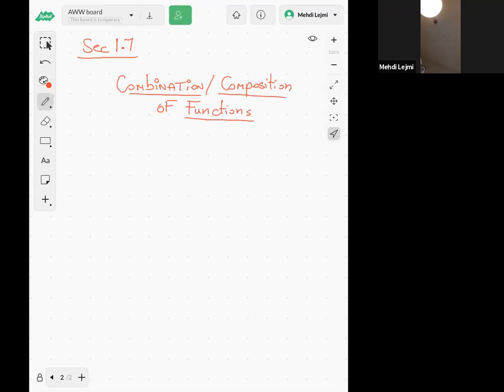What we're going to do today is algebraic operations on functions. Like for numbers, you can add, subtract, multiply, divide numbers. And actually, we can do the same for functions. We can also add, subtract, etc. So what do I mean by algebraic operations?